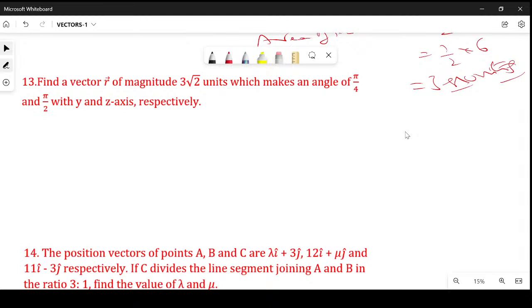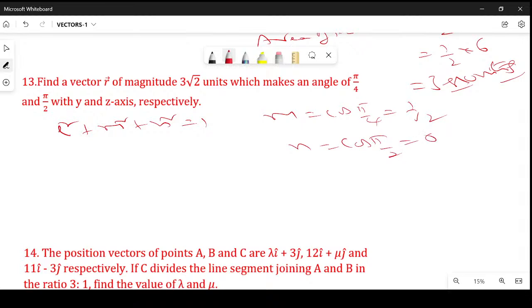We know that l square plus m square plus n square is equal to 1. Here m is equal to cos pi by 4, that will be 1 by root 2. n is equal to cos pi by 2, that will be 0. Correct?